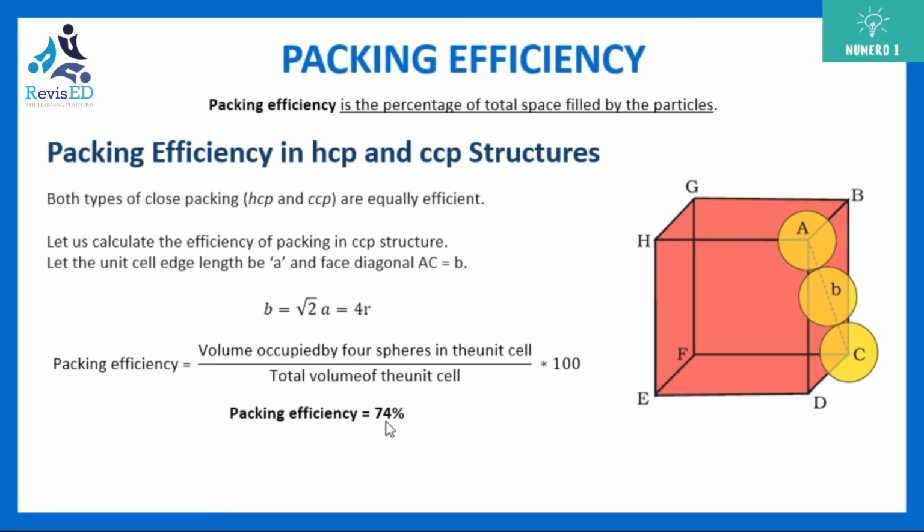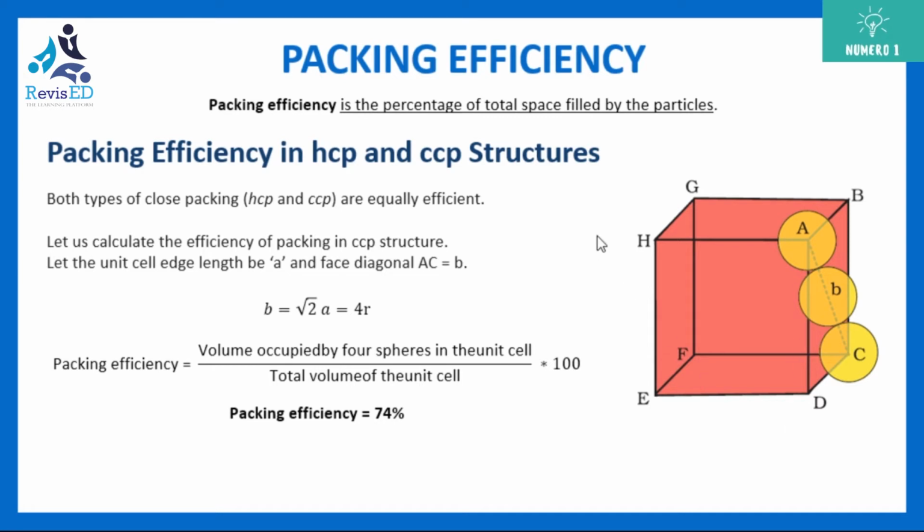What you will get is a packing efficiency of 74%. So this was about packing efficiency in face center. This is an atom or particle. These are all atoms or particles, can be ions also, which form the main structure of your crystal lattice.